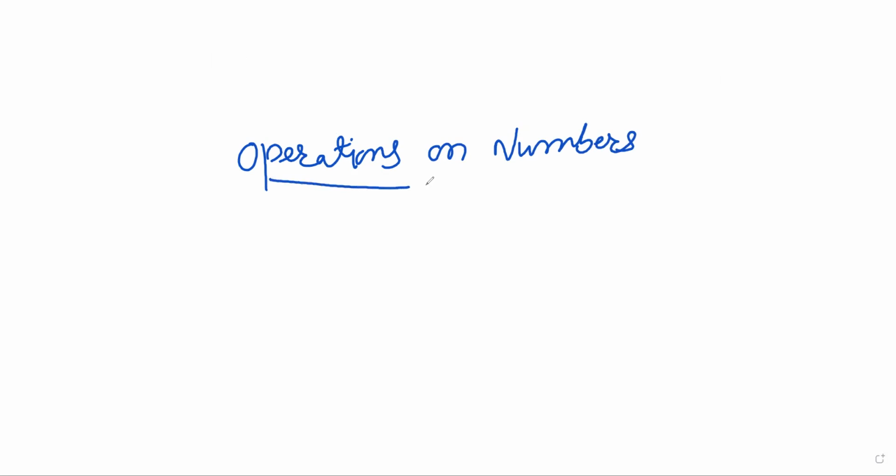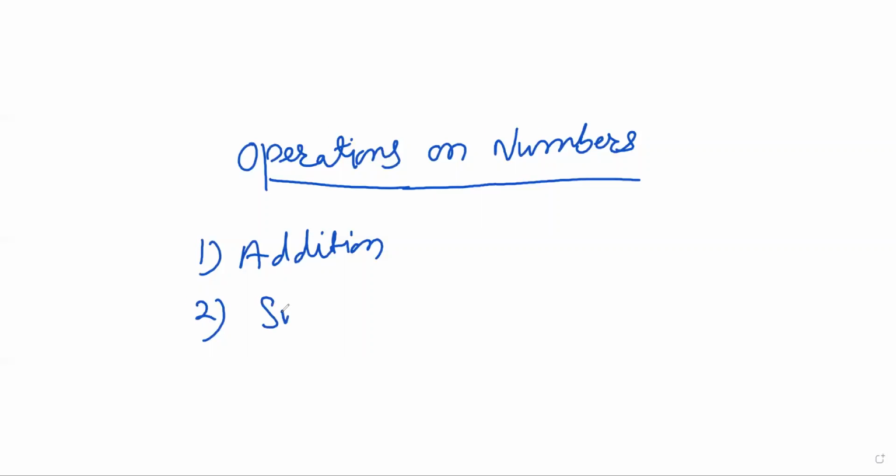Today we are going to learn about operations on numbers. There are basically four types of operation. First one is addition.